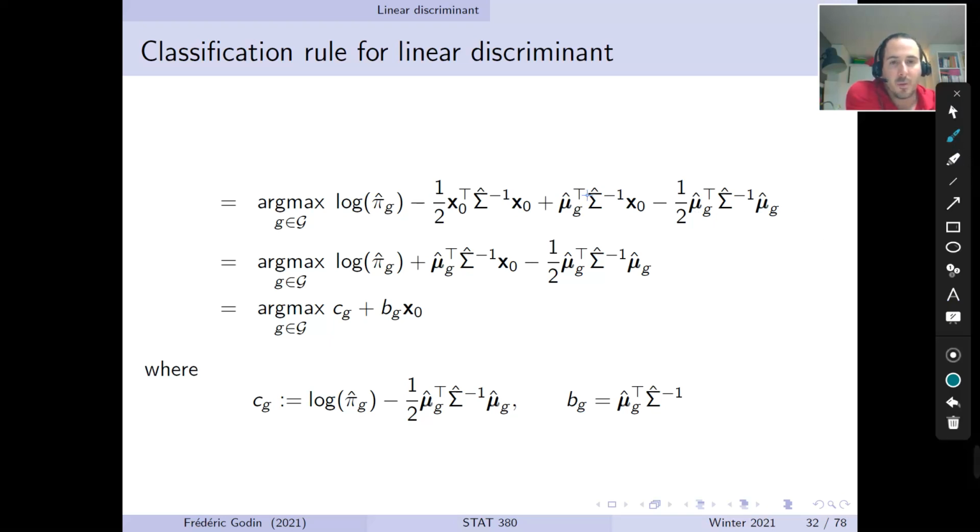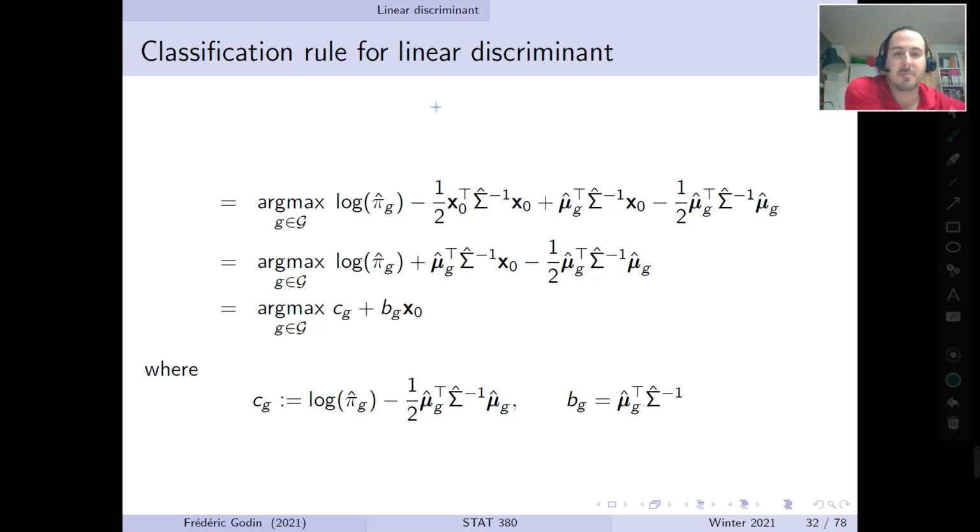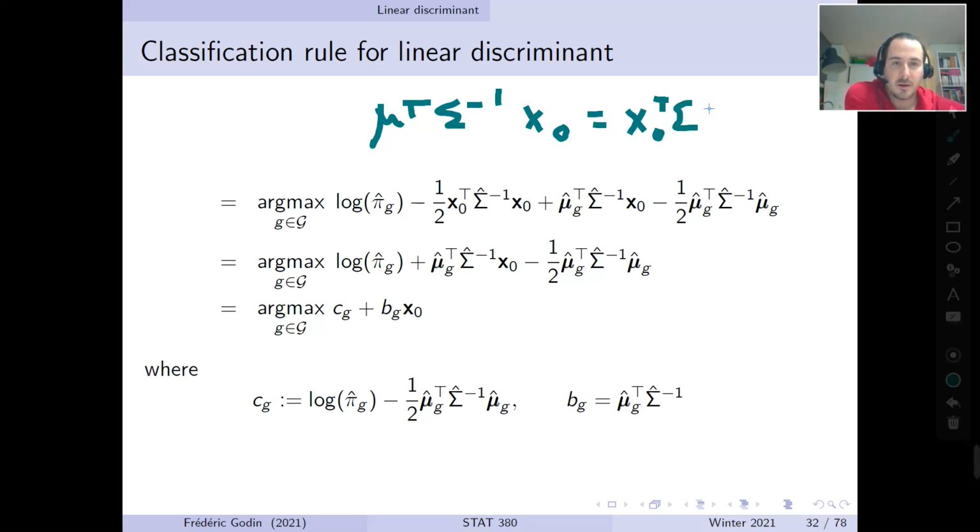And to get this middle term, we simply have to notice that mu transpose sigma inverse x0 is equal to x0 transpose sigma inverse mu. The reason is that this quantity has a 1 by 1 dimension. Because it's 1 by 1, we can transpose it and it doesn't change anything.